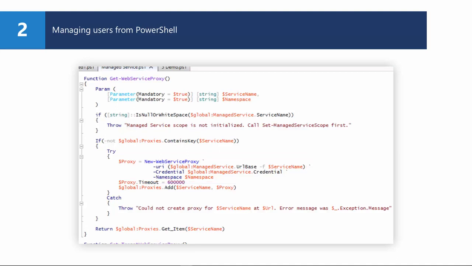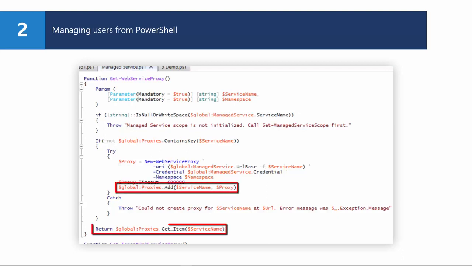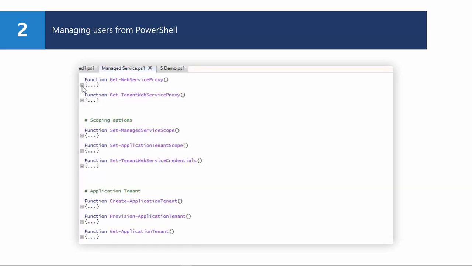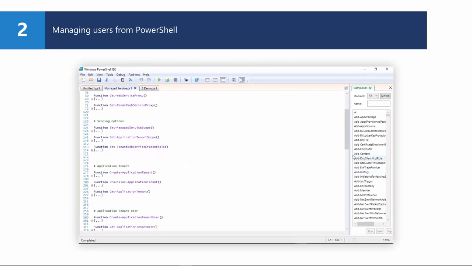Once a service is created, the proxy classes are cached, and on subsequent calls, they are returned from the cache. This is important to avoid .NET typing conflicts that could easily arise if you create the same proxy twice with the same namespace. Now that you have seen what the get web service proxy commandlet does, it is simpler to follow what individual managed service commandlets do.